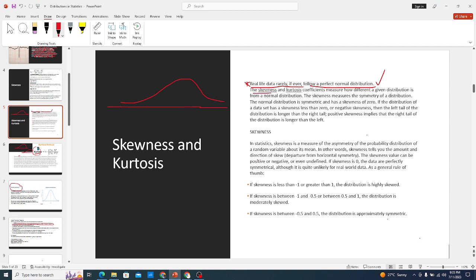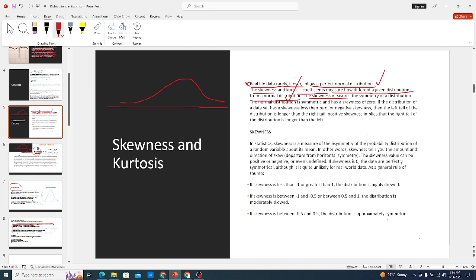So the skewness and the kurtosis coefficient measure how different a given distribution is from a perfect normal distribution, or how our data is distributed in comparison to a perfect normal distribution.